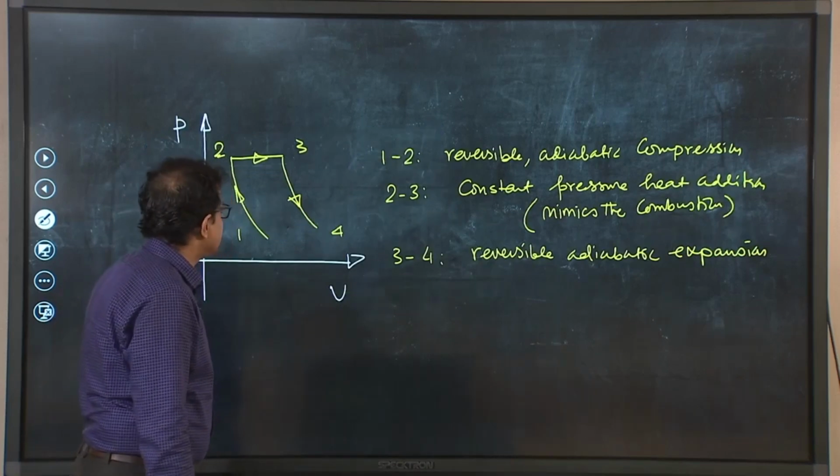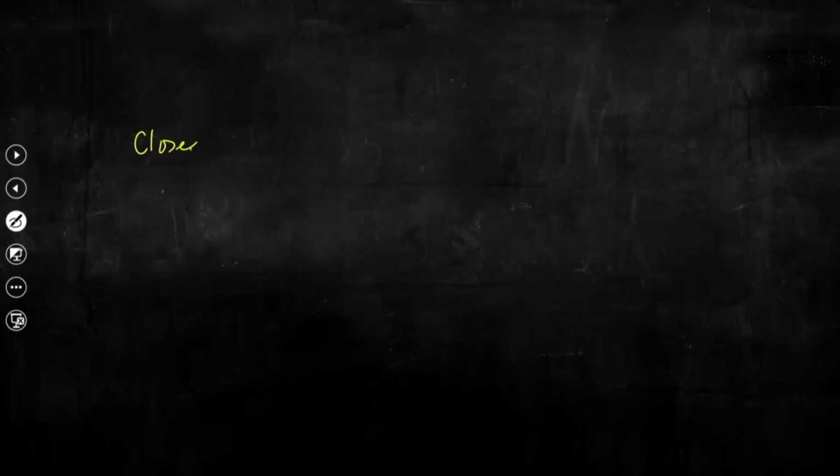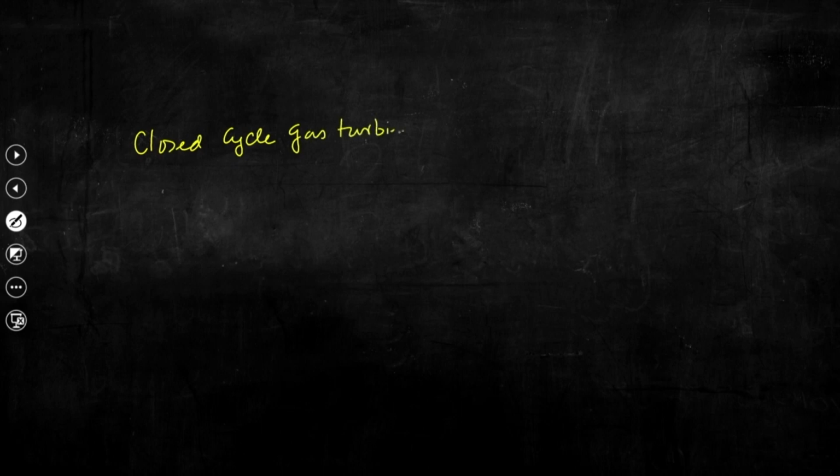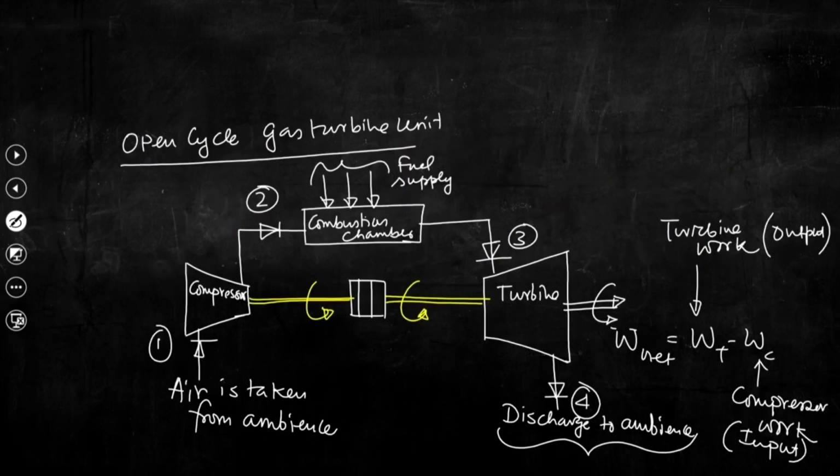So, now we shall be discussing the closed cycle gas turbine unit. See, basically we need to close this. So, the gas that comes out from the turbine will be recycled back to the compressor through a certain process.